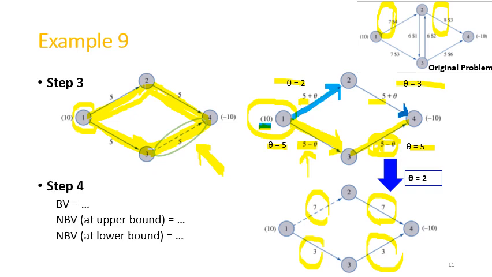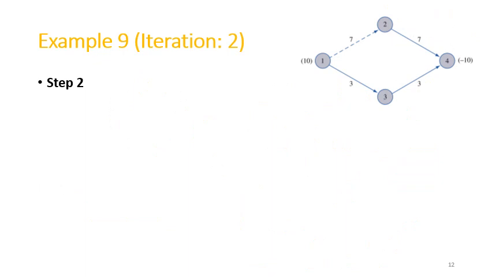Now, before going back to step 2, again, I would like you to list what are the basic variables, non-basic variables at upper bound, non-basic variables at lower bound for this basic feasible solution. So I think by now you're already familiar with what we're going to do when we go back to step 2. So using the basic variables, we're going to compute the y's.